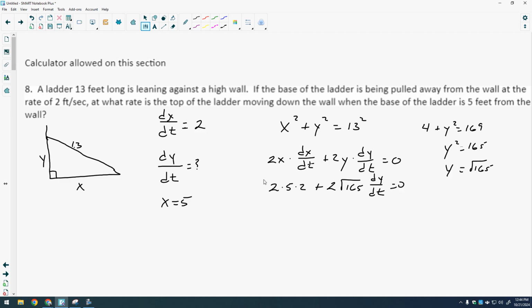I'm solving for dy/dt, so I'm going to multiply this together. 2 times 5 is 10, times 2 is 20. Subtract the 20, and I get 2 square roots of 165. Oh, sorry, I plugged in the wrong thing. Hopefully you caught that. This isn't 2.